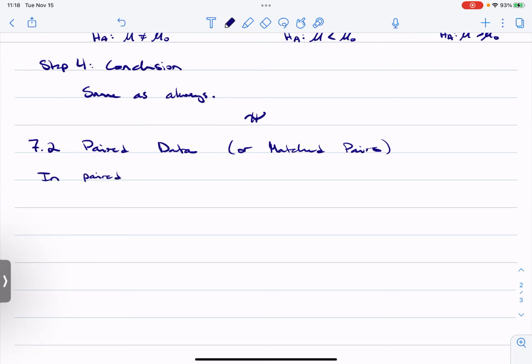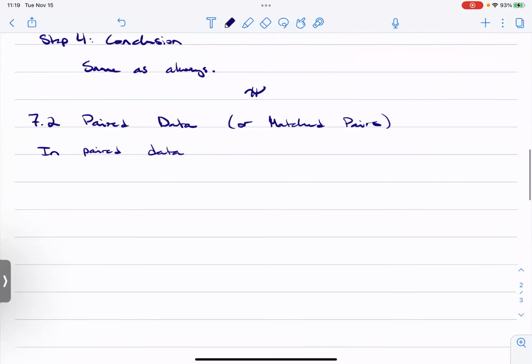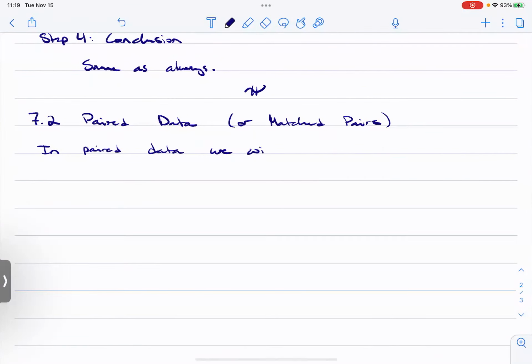I had to take a run at it here. In paired data, we will have two samples. But I'm going to say often, because it's not always the case, and that's just me being picky.